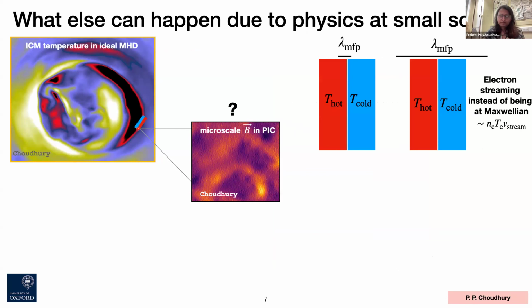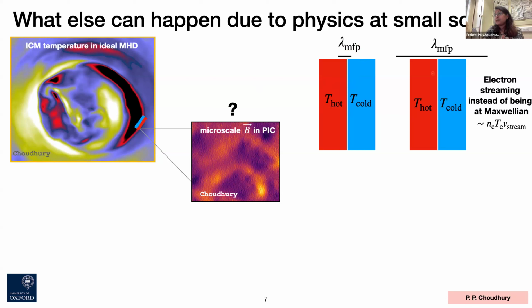Two things can happen. One is that at this interface, the lambda mean free path of the electrons is very small; for simplicity, let us assume it's just a single fluid. That means electrons are going to collide very frequently, and there will be an easy exchange of energy on a short time scale.